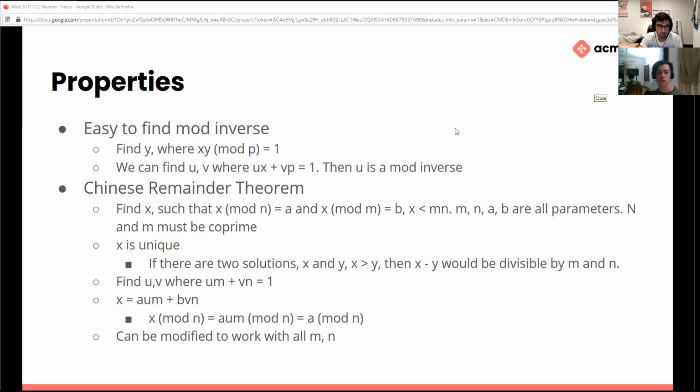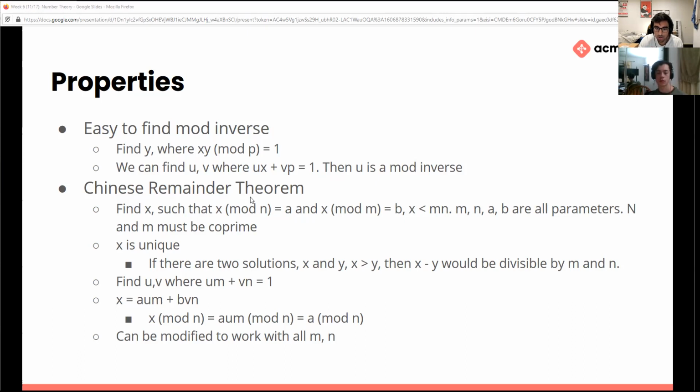Also, there's a theorem called the Chinese remainder theorem. We're given n and m, and we're given a and b.